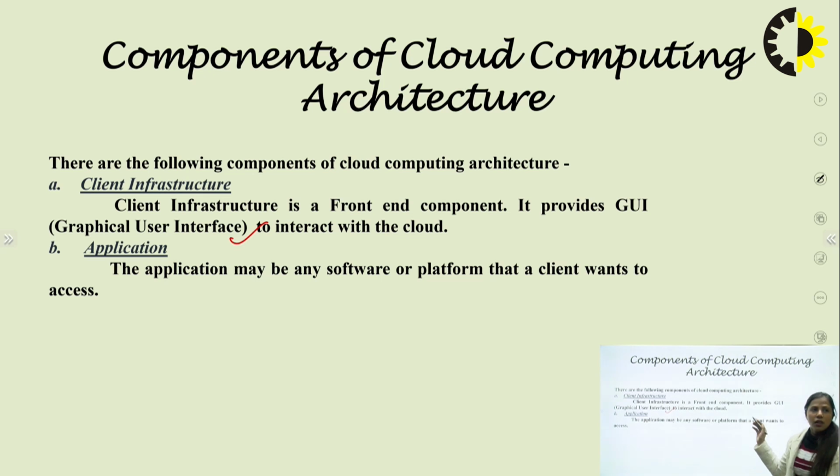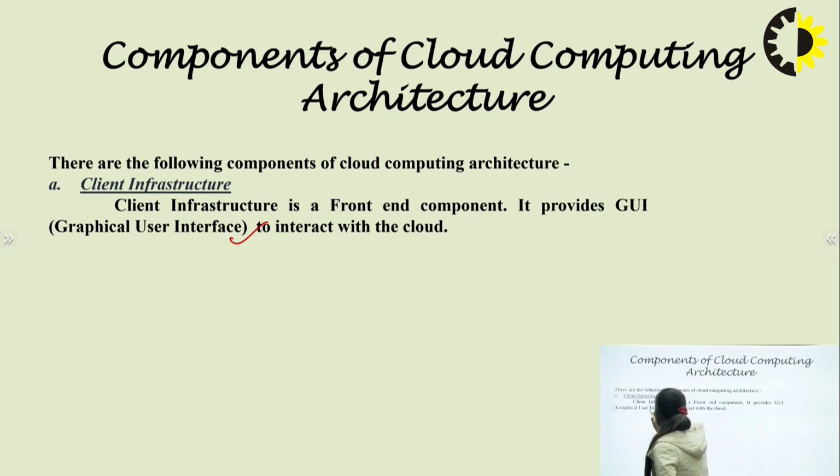Client infrastructure and application are part of the front end, through which we can access. The client will first request the particular server through the application or the infrastructure, and it will be accessed through the graphical user interface.